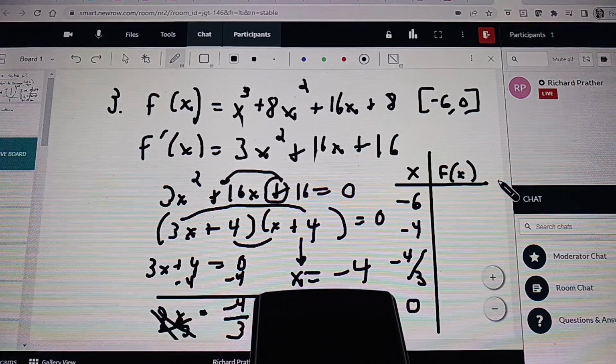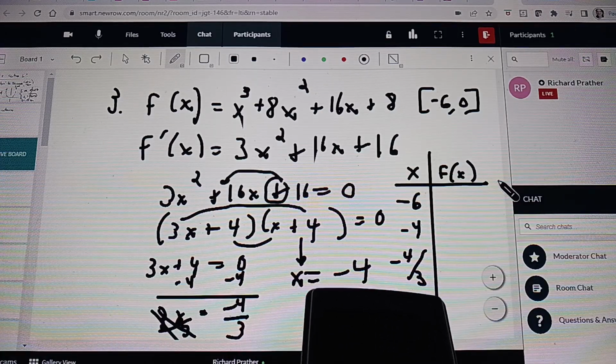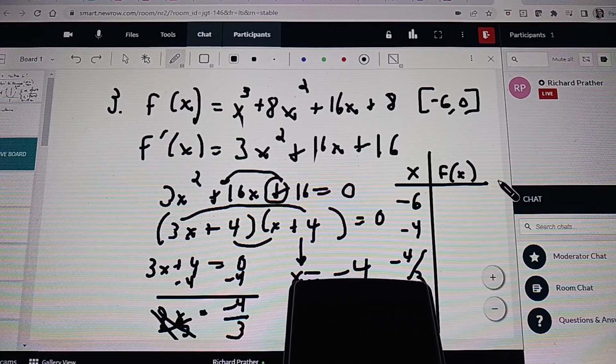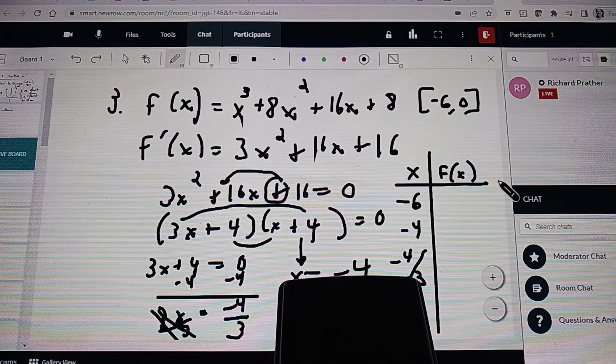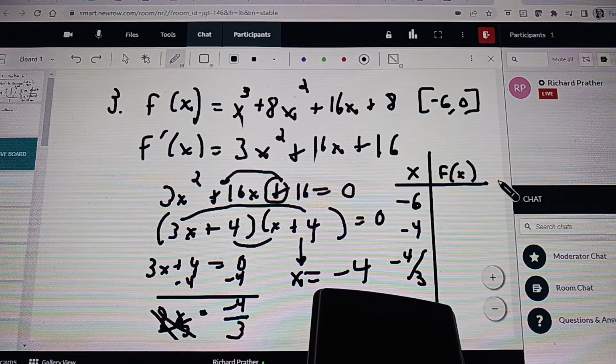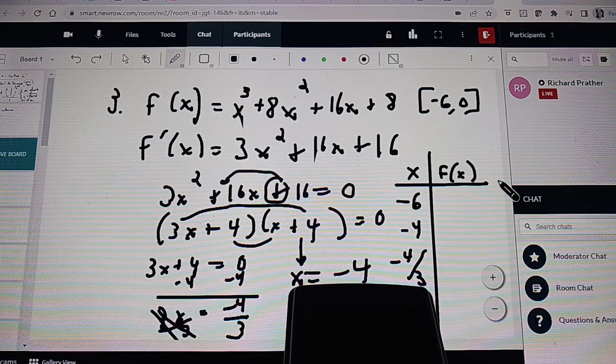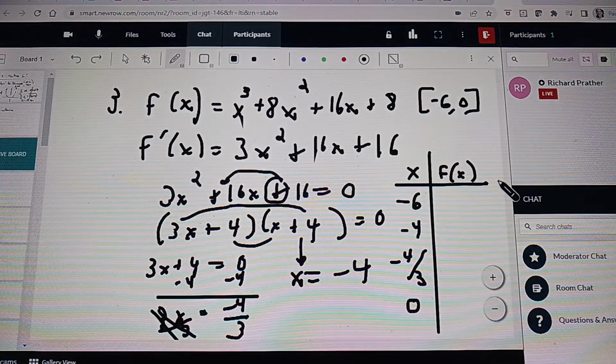So first I'm going to plug in -6 and do -6 cubed plus 8 times -6 squared plus 16 times negative 6 plus 8. Turn on the light so I can see a little better.